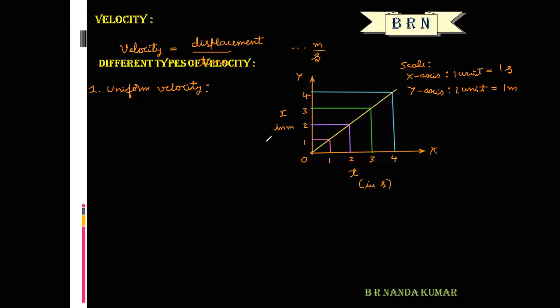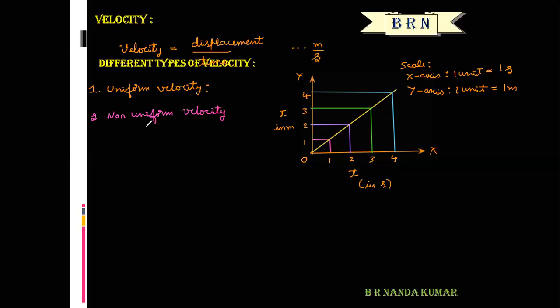So a particle is said to be moving with uniform velocity if it covers equal displacements in equal intervals of time. And the second one is non-uniform velocity.